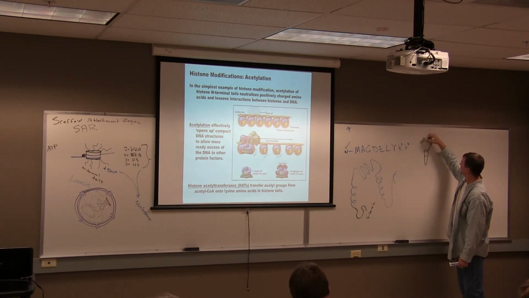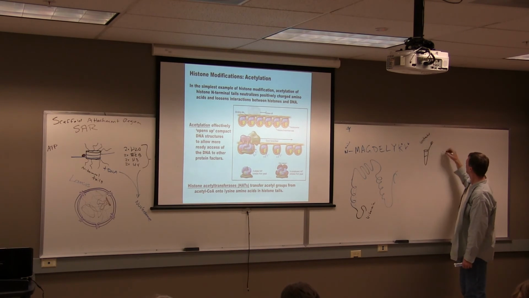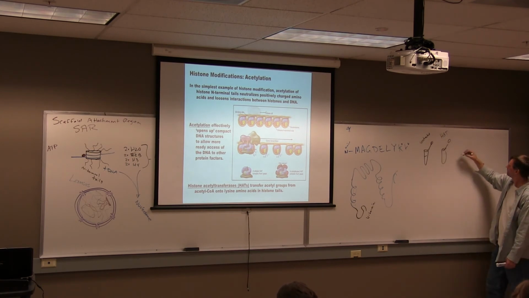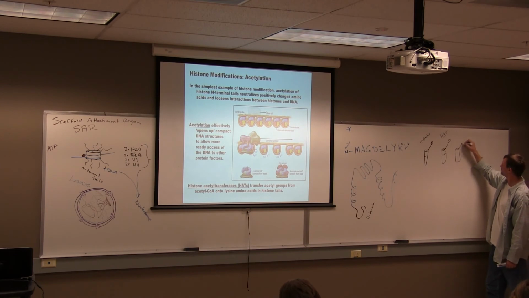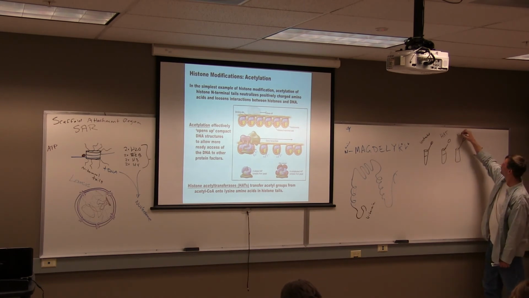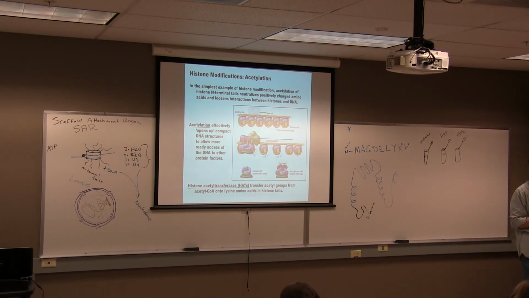This is untreated. I can purify DNA. And I'm going to add a histone acetyl transferase to it. And I'll have a tube also from the same prep of DNA, and I'll add a histone deacetyl transferase. HDAC is what it's called.